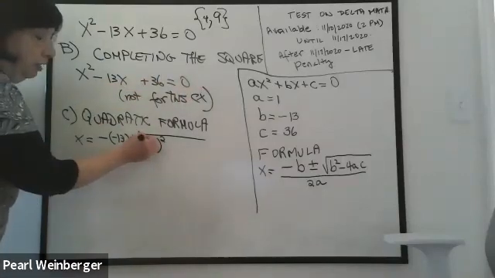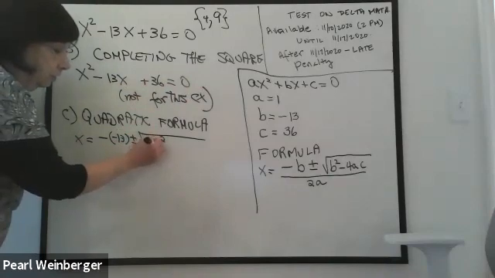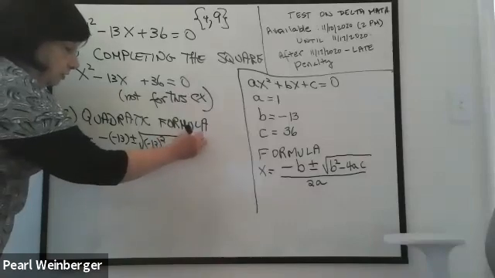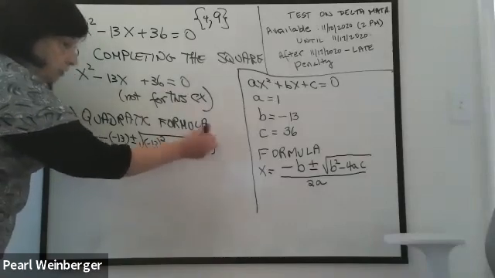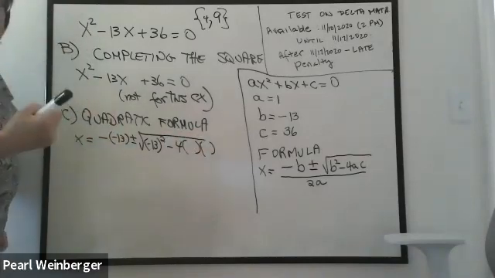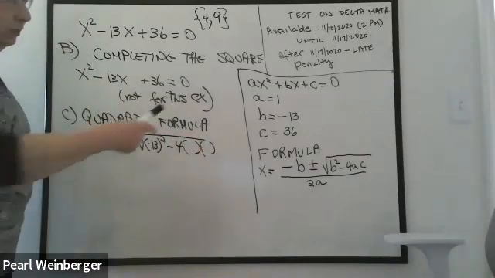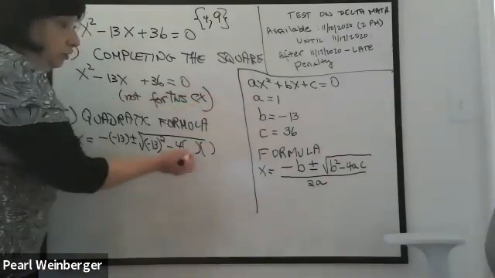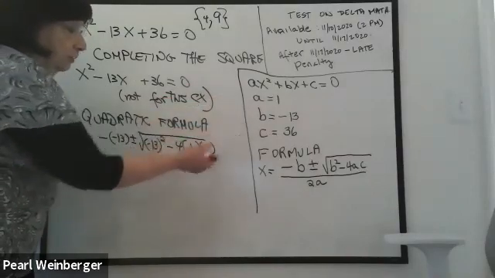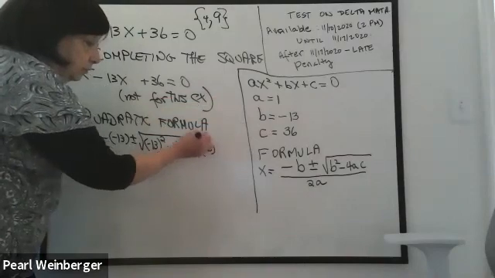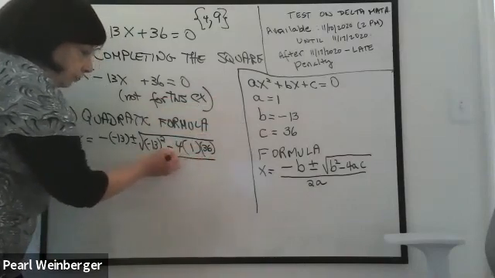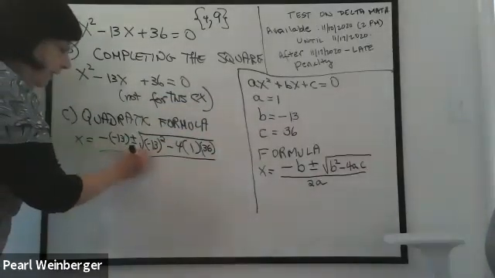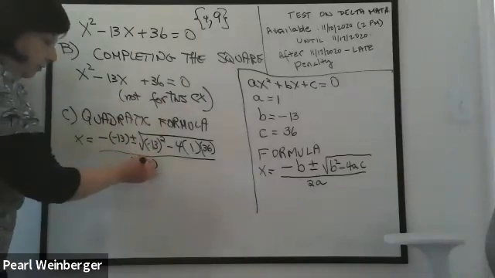What am I filling in that parentheses with? Again, negative 13, minus 4. Now there's a parentheses for the a and a parentheses for the c. Again, you notice that I'm putting a parentheses wherever a letter is and filling that parentheses with the proper value. So the a value is 1 and the c value is 36. And I put the whole thing over 2 parentheses, the a, which is 1 again.